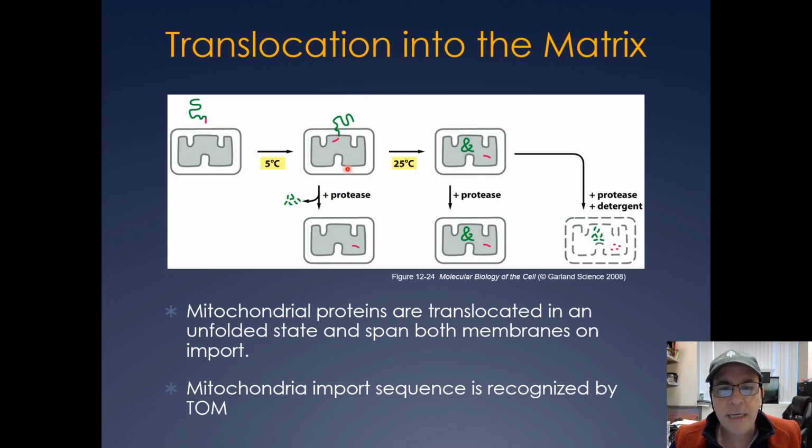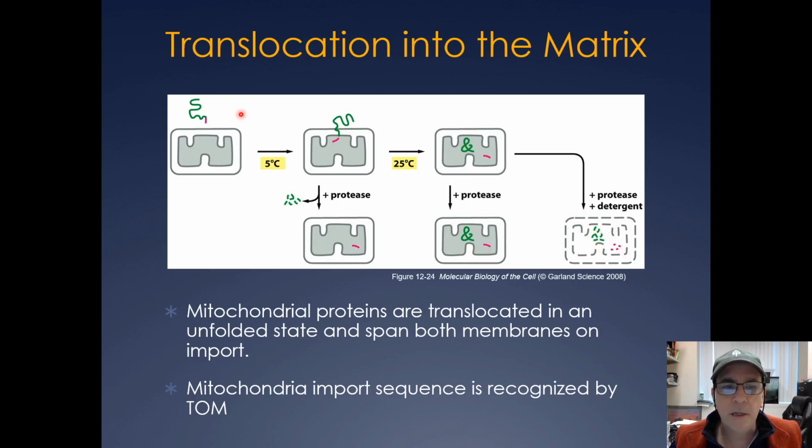However, if you take this where it's stalled at 4 degrees, partially imported, and you incubate your purified mitochondria at 25 degrees, so room temperature or so, it'll import the protein, and then it becomes protease resistant. If you add detergents and proteases, that'll solubilize the membrane, and then the protein gets cleaved up.